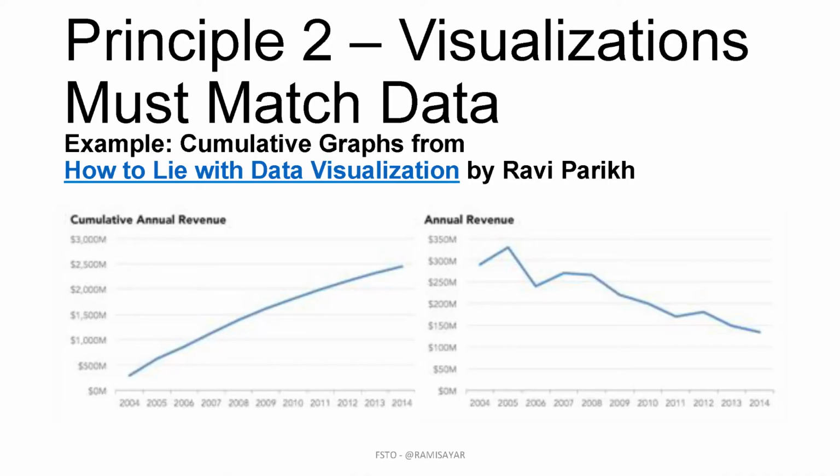Here's a really interesting one that I really like. It's the difference between cumulative annual revenue and annual revenue. So let's say that you're a company and you're not doing very well. Instead of just showing the annual revenue, let's show everything that we've done in the past and then whatever we've added this year. That's the difference between cumulative revenue and annual revenue.